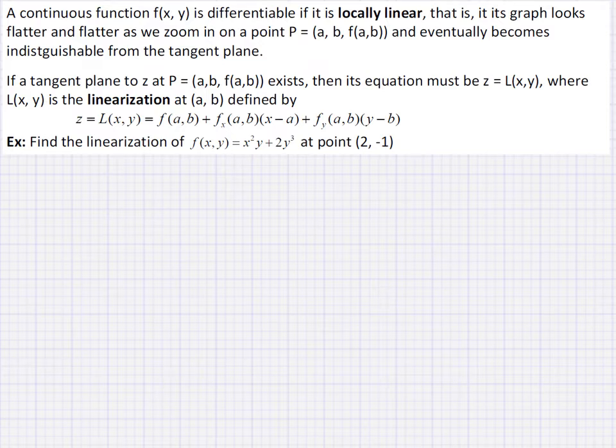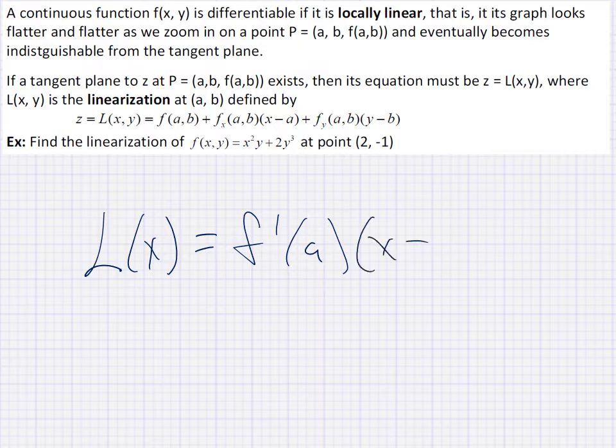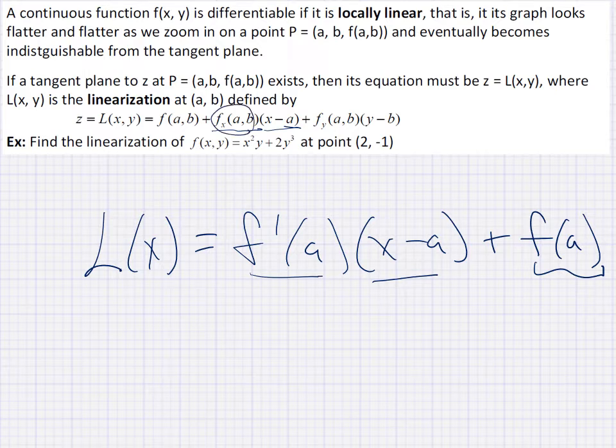If the linearization in 2 dimensions was f prime at a, the derivative at a, times x minus a plus f of a, which was the y value, then we just extend that to our multivariable concept. We have this derivative times x minus a, which is essentially the derivative with respect to x, plus a derivative with respect to y times y minus b, plus the function value.